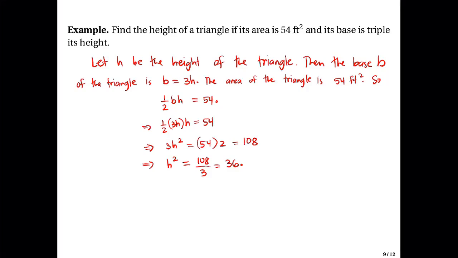So at this point, I will not continue with the solution until I discuss the methods of solving quadratic equations. But from here, you could actually guess the value of h. You think of a number where when you square it, you will get 36.